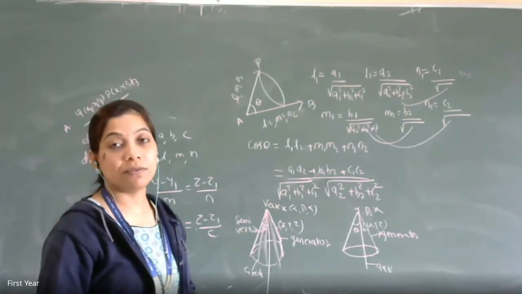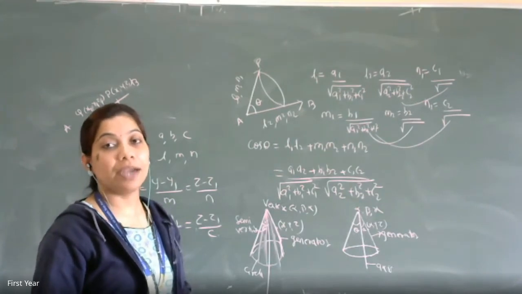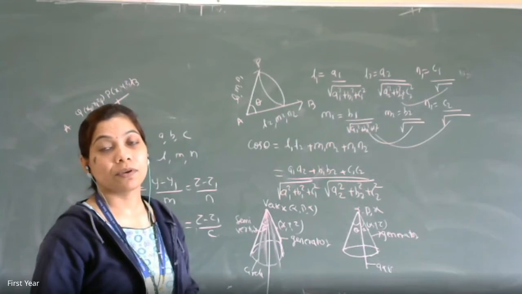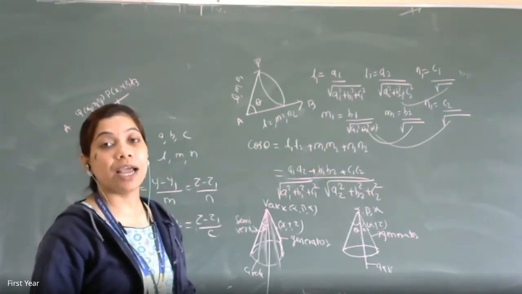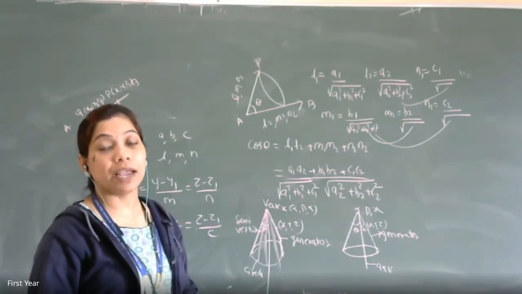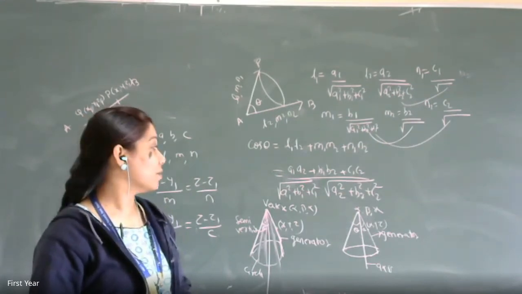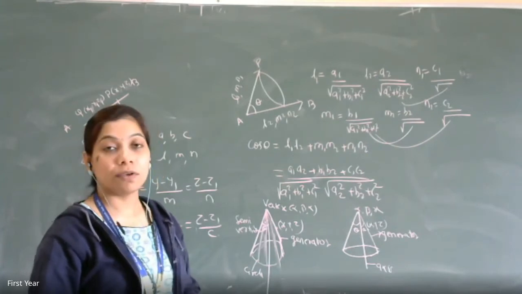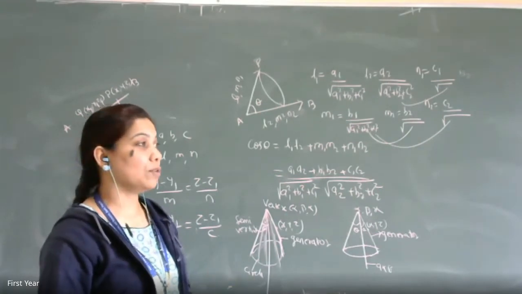The lines being the generator and the axis, with theta as the semi-vertical angle. Note the semi-vertical angle, because that may be asked in the MCQ.